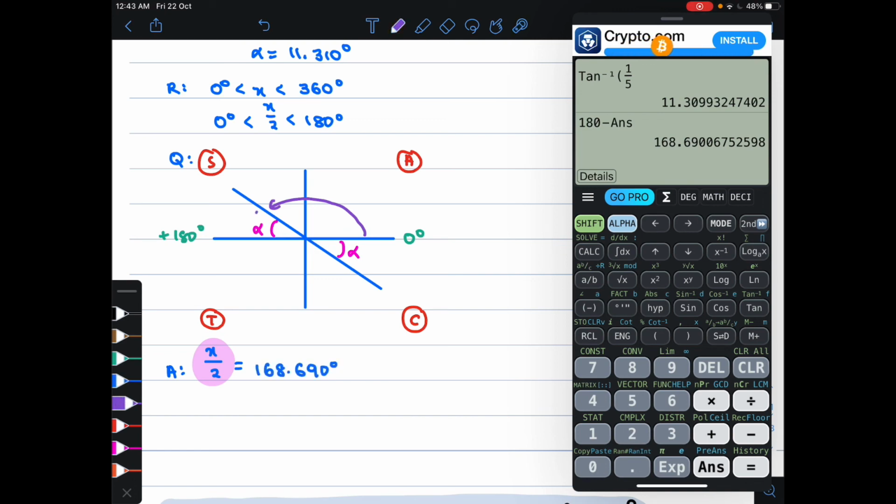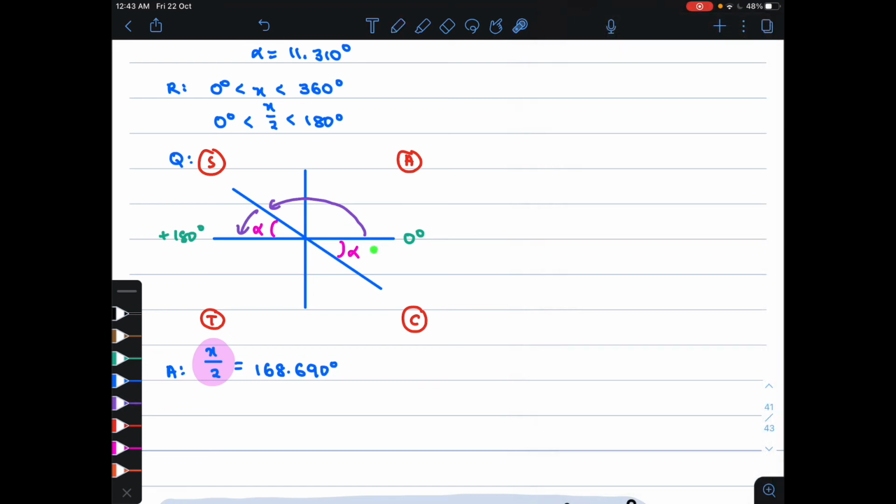And if you continue, you reach the end, which is positive 180 degree. So what about this one here? Note that this one is not within our range. So there's no answer for this one here. So there's only one answer for x over 2.